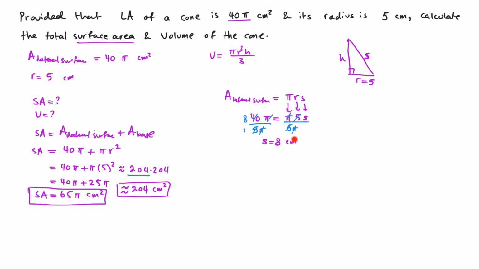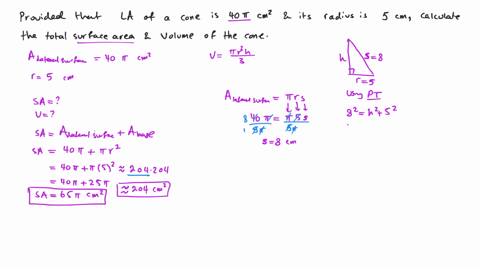So now I have my slanted height, this value over here, which is 8. So I can go ahead and use the Pythagorean theorem. Using it, I can say that 8 squared, 8 being my hypotenuse, is equal to h squared plus 5 squared, which is the sum of my two other sides.